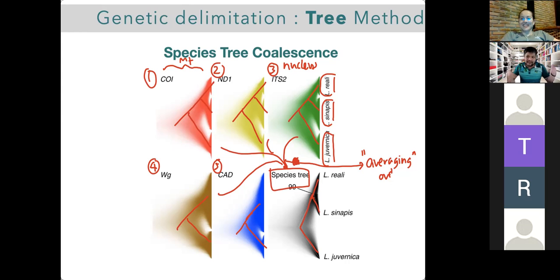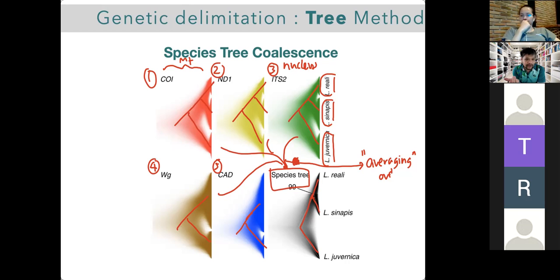So this species tree tries to solve this problem, because deep down they know that everyone evolved in the same organisms, so you should have some agreement somewhere. This is computationally quite intensive, and they try to find the middle ground for all the different genetic histories, to find agreement.